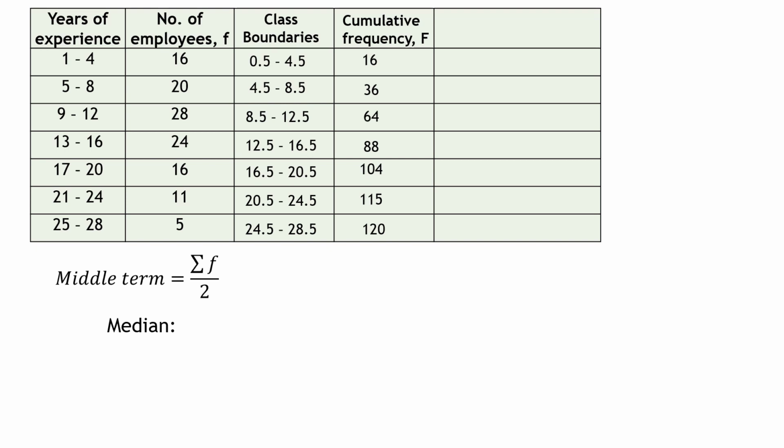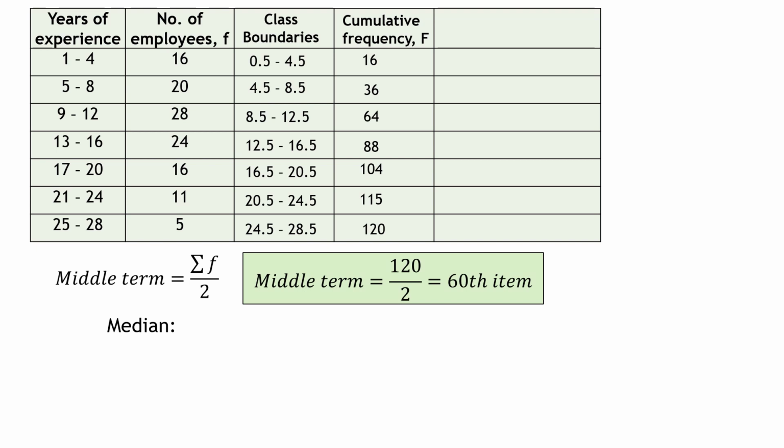Next step, you need to calculate the middle term. You can use the formula total frequency divided by 2. Why do you need to calculate the middle term? Because you need to identify which class interval contains the median. Total frequency is equal to 120, then divided by 2 is equal to the 60th item. How do you identify which class interval contains the median? You can refer to the cumulative frequency column, or you can create a column for position of data.